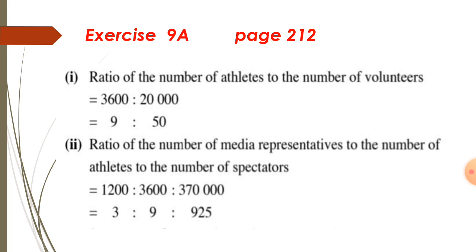We are going with the table of 4 again, and these zeros are going to be cancelled out with each other: 2 zeros from here, 2 zeros from here, and 2 zeros over here. It will be 12, it will be 36, and this will be 3700. So 4 3s are 12, 4 9s are 36, and 4 9s are 36, 1 carry to this. So 4 2s are 8, and 4 5s are 20. Answer.